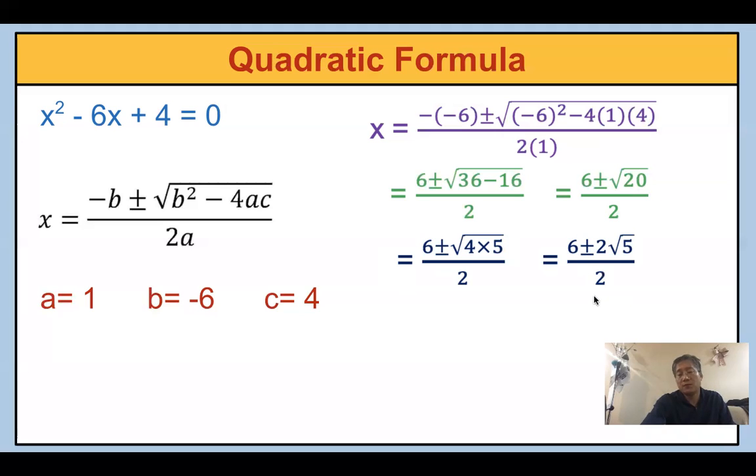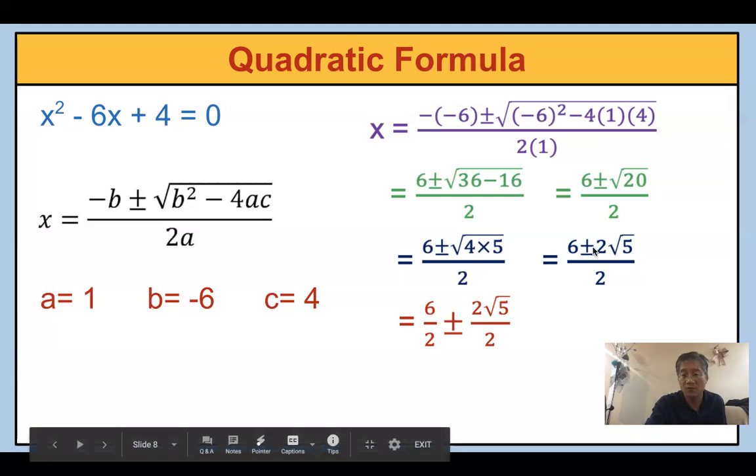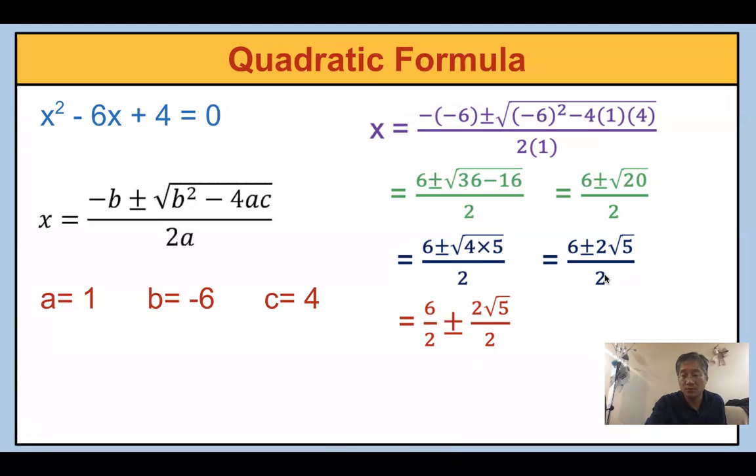The two fractions are combined, because the common denominator is 2, but the numerator 6 and 2 square root of 5 was combined. So you need to change it to two separate fractions, right? You should separate into the two fractions, 6 over 2 and 2 square root of 5 over 2.